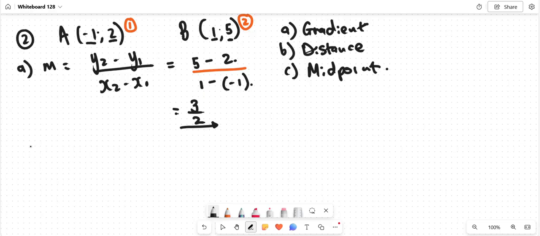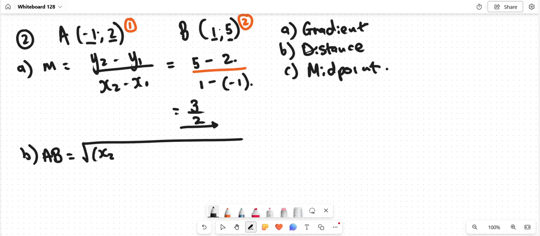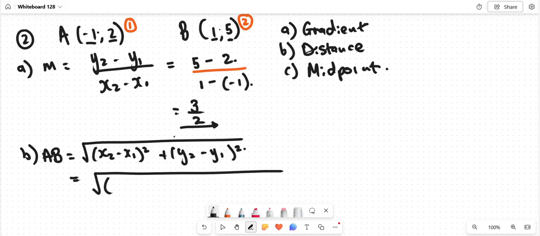That is A. Then to calculate the distance, the distance of AB is the square root of x of 2 minus x of 1 squared, plus y of 2 minus y of 1 squared. That's the formula. If I substitute, because it's already labeled up there, the x of 2 will be the 1, subtracting a negative 1.